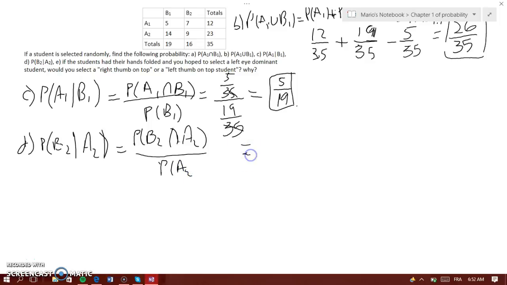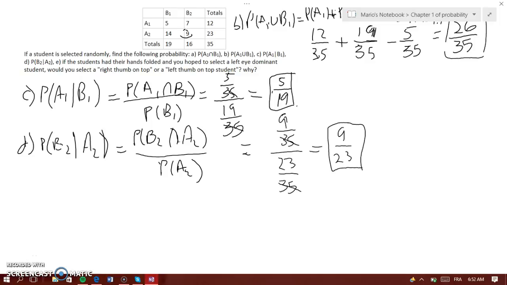PB2 intersection A2 would equal 9. So 9 out of 35 over A2. A2 is 23 out of 35. So you would have 35 over 35 equals 1, and the answer will be 9 out of 23.